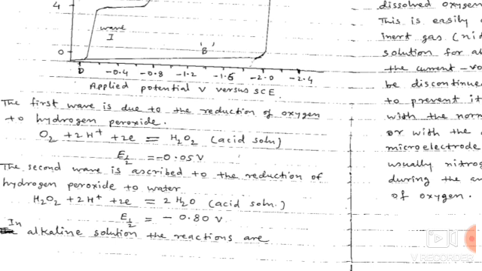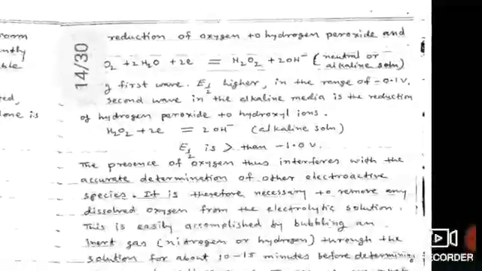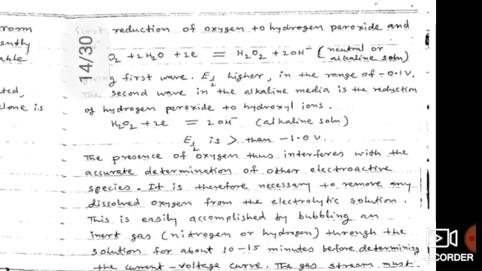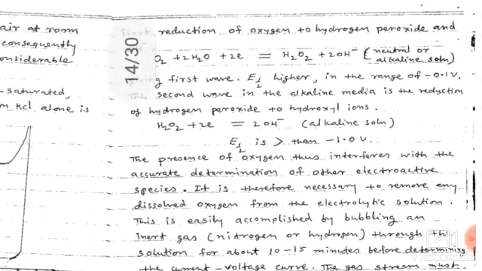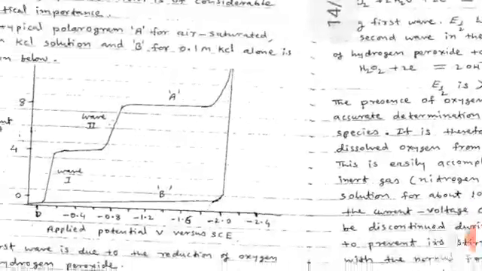So in alkali solution the reactions are as follows. The reduction of oxygen to hydrogen peroxide: O2 + 2H2O + 2e- gives H2O2 + 2OH- in neutral or alkaline solution, giving the first wave E half in the range of minus 0.1 volt.